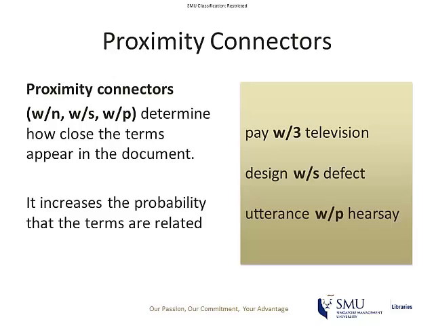N typically can be any number between 1 to 25, depending on how close together you want your terms to be. So for instance, having the search query pay W/3 television means pay within 3 words or less of the word television. This means any document retrieved may mention the words pay, preview, television, or television you pay to watch.